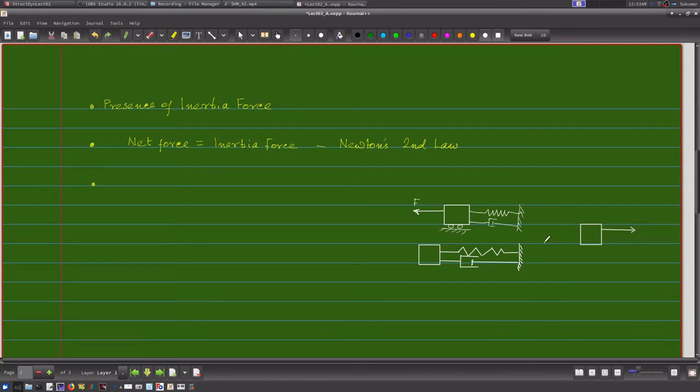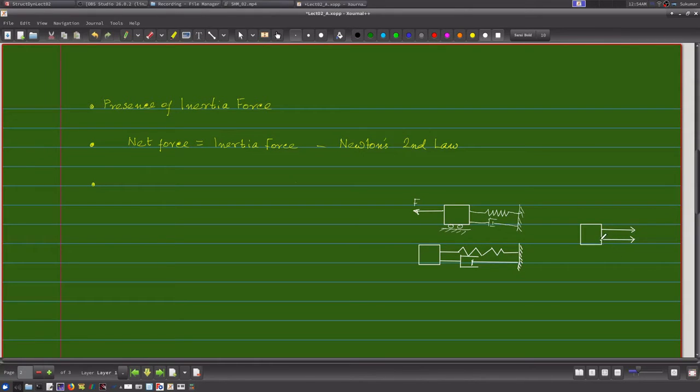Also, due to the relative displacement between the piston and the cylinder, some frictional force will be developed, and that frictional force will also oppose the motion of the block.